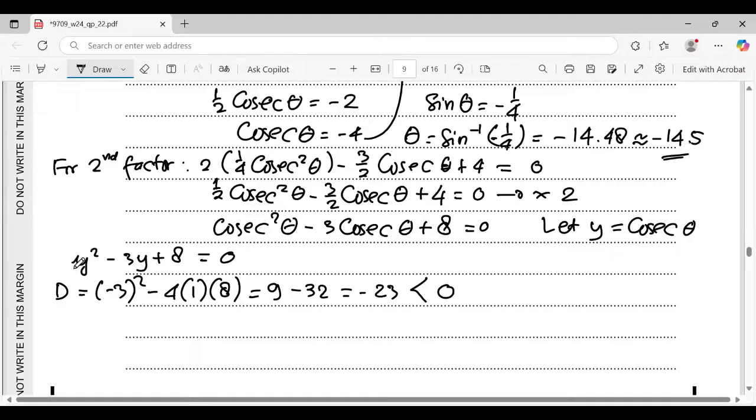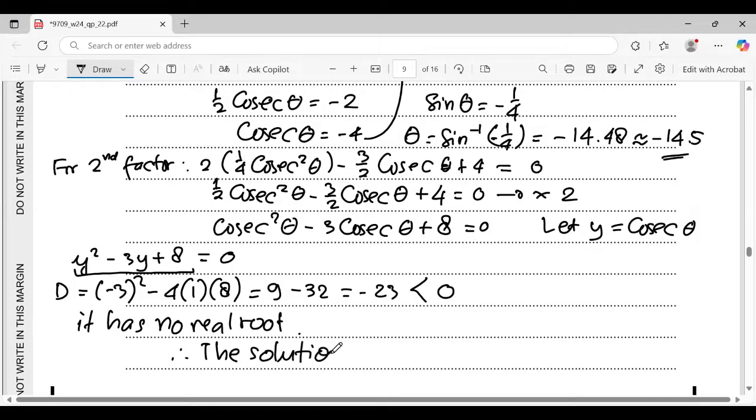It means this expression has no real root or real solution. So the solution for theta is minus 14.5 degrees.